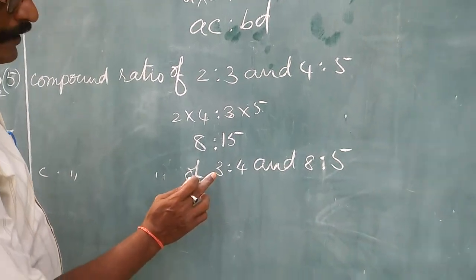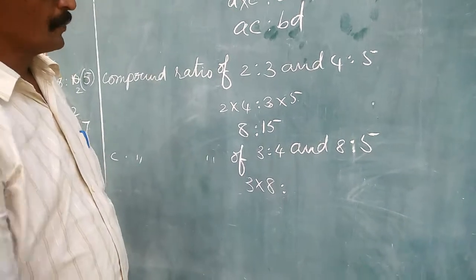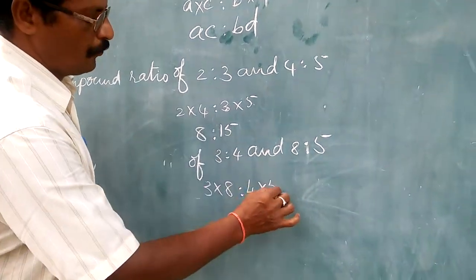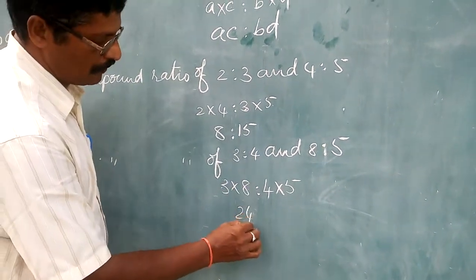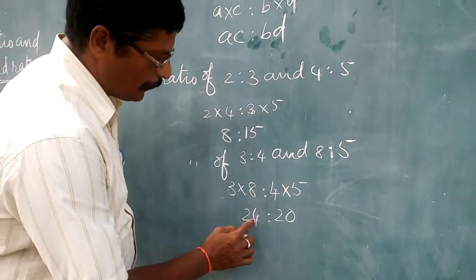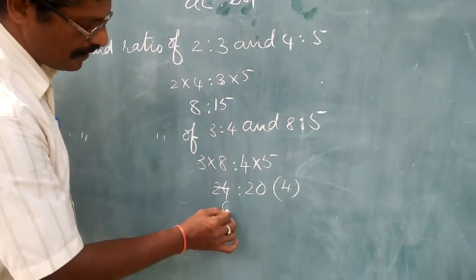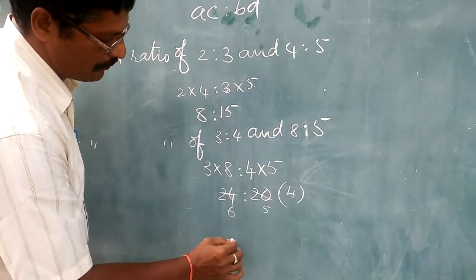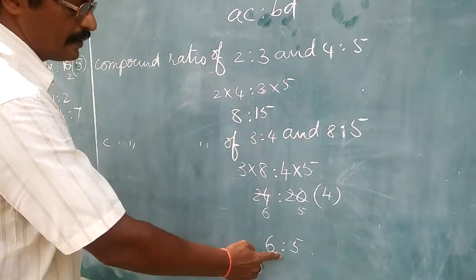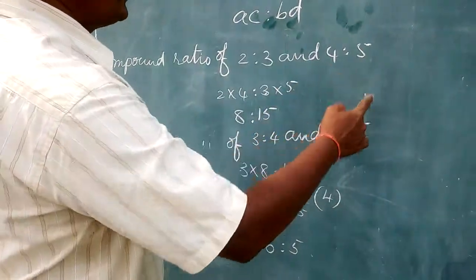Find the product of antecedents, 3 into 8, is to the product of consequents, 4 into 5. 3 8s are 24. 4 5s are 20. 24 is to 20. Cancel with 4. Here 6 times, here 5 times. It means 6:5 is the compound ratio of 3:4 and 8:5.